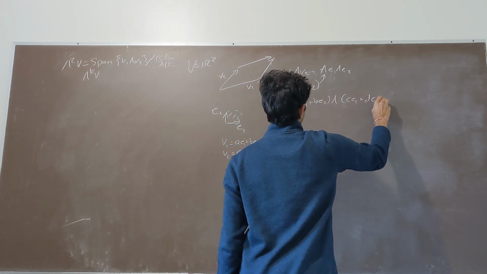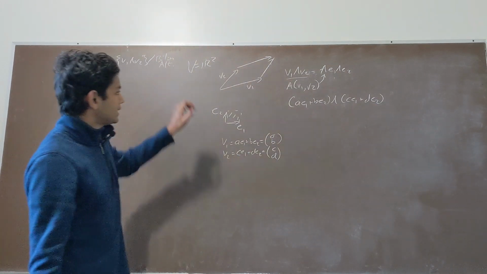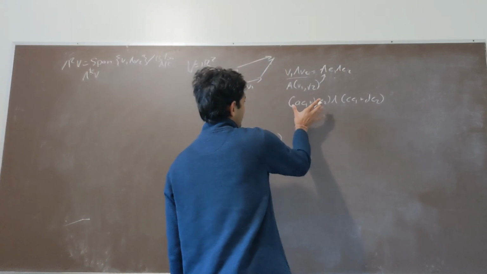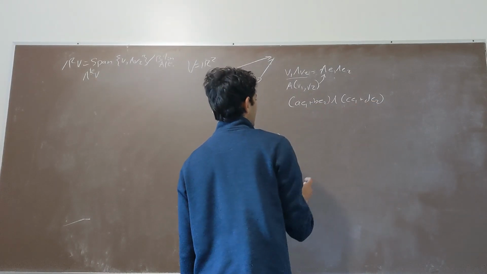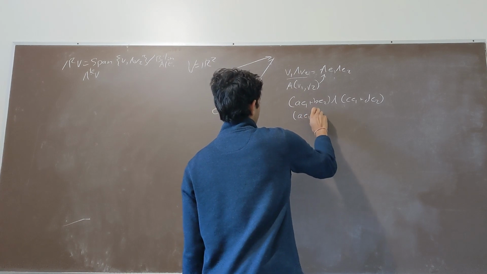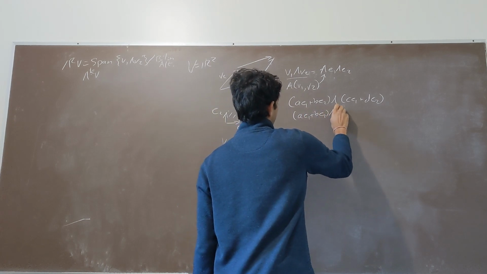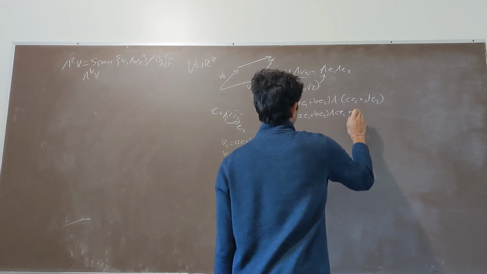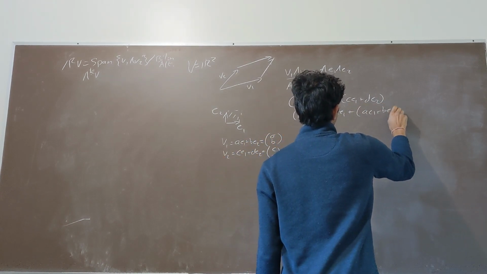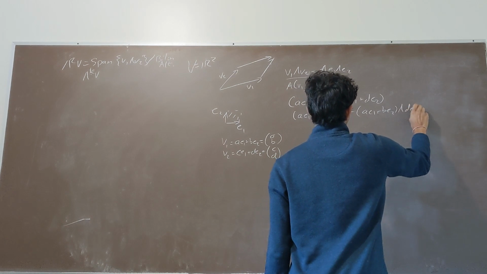c e1 plus d e2. And now we are free to use our bilinearity and alternating axioms. First, we can fix this first vector and expand the second vector using the bilinearity. And this will look like a e1 plus b e2 wedge c e1, and then you add on a e1 plus b e2 wedge d e2.